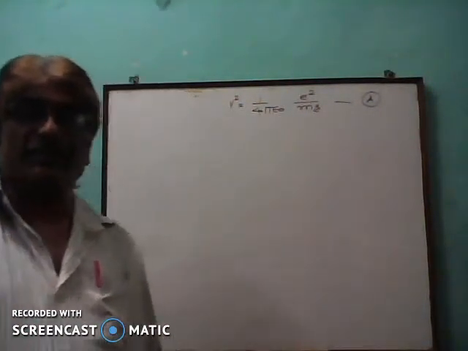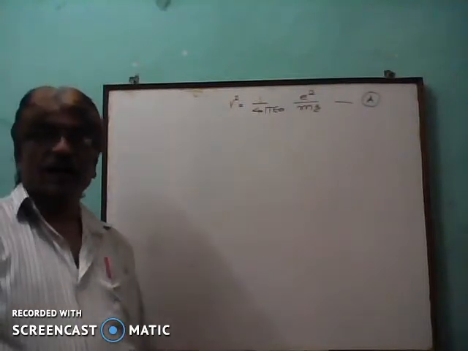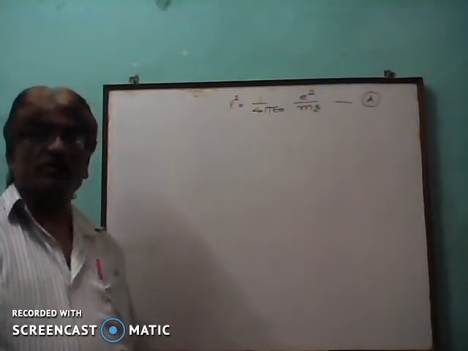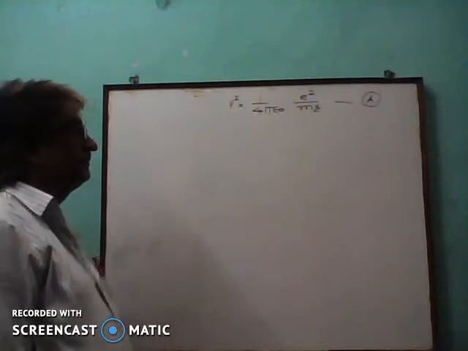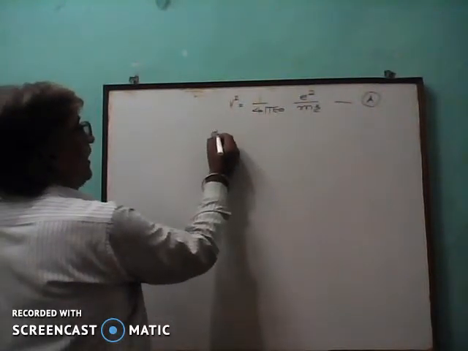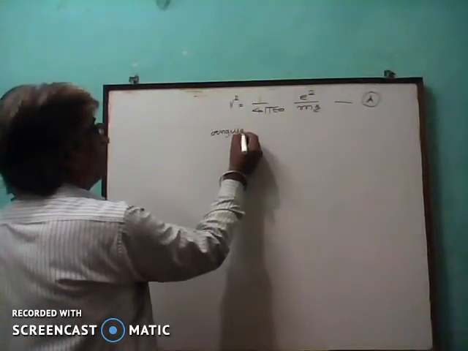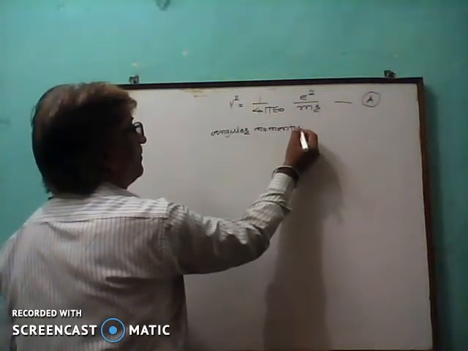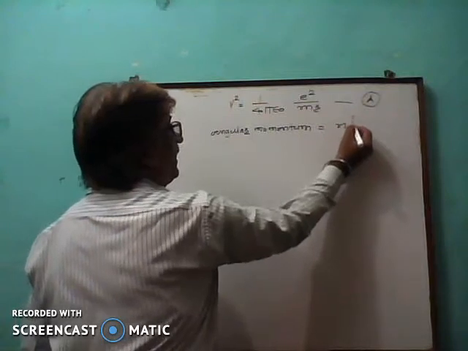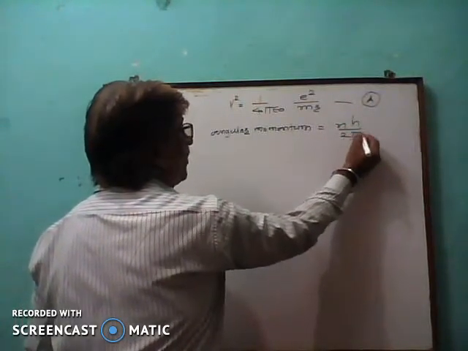we know that in a stable orbit, the angular momentum of the electron is an integral multiple of h upon 2 pi. So angular momentum is equal to nh upon 2 pi.